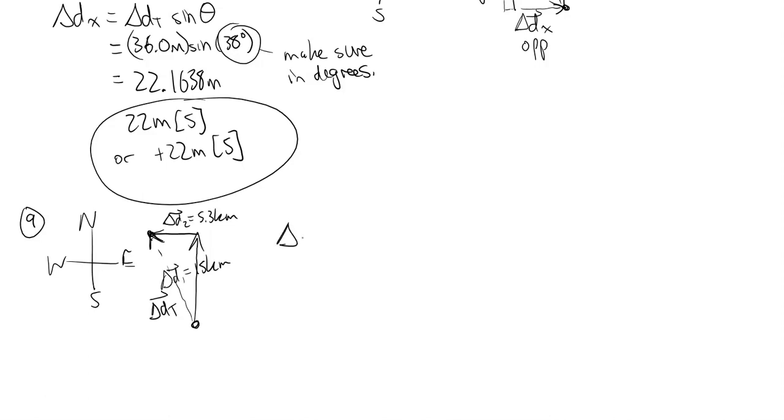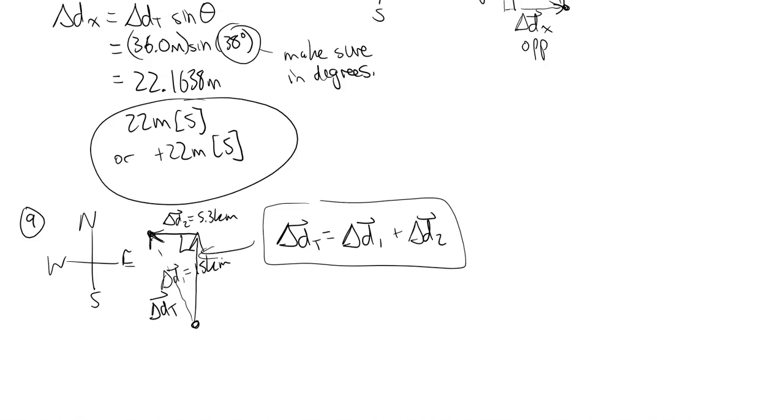Well, we know that the total displacement is equal to delta d1 plus delta d2. And some would say, well, can't I just put those numbers in and get an answer? Well, clearly not. We know it's a right triangle. So this means this picture, but what it actually means in terms of the mathematics is we're going to say delta d total squared is delta d1 squared plus delta d2 squared.